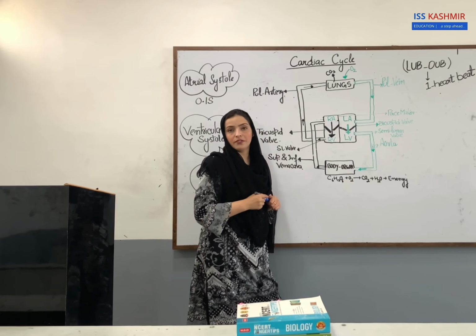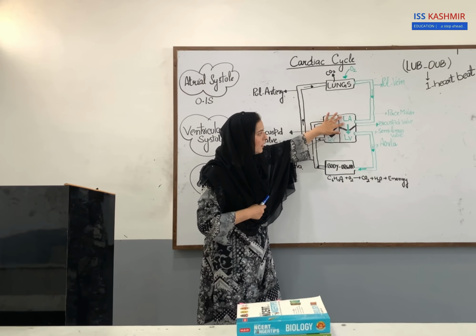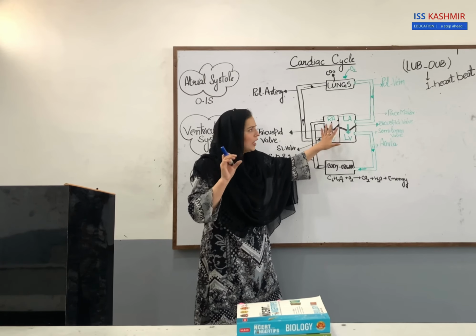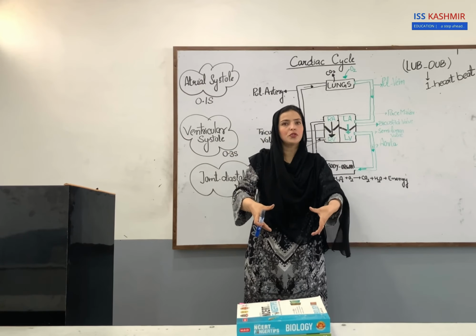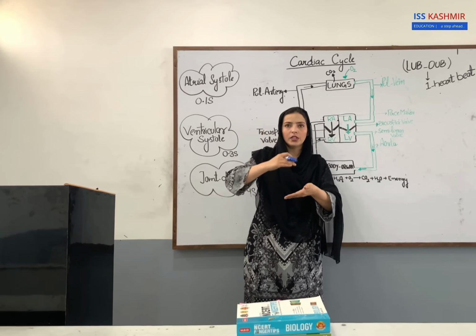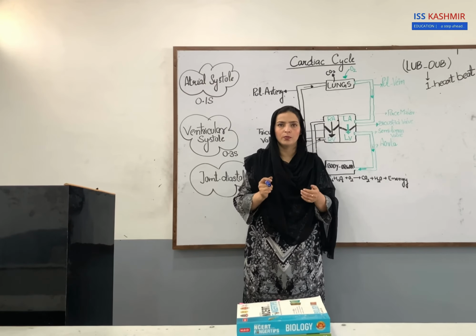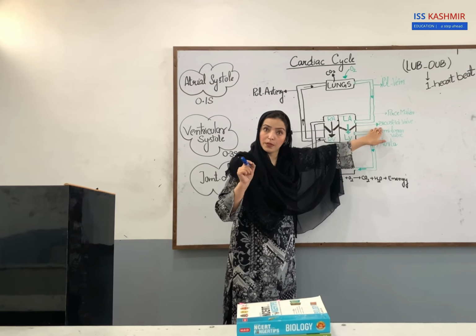One important fact that needs to be remembered here is that in between the left atrium and the left ventricle, there lies a door. You can consider the left atrium as one room and the left ventricle as another room. In between the two rooms, there is a door for the entry and the exit. This door or valve is called the bicuspid valve.